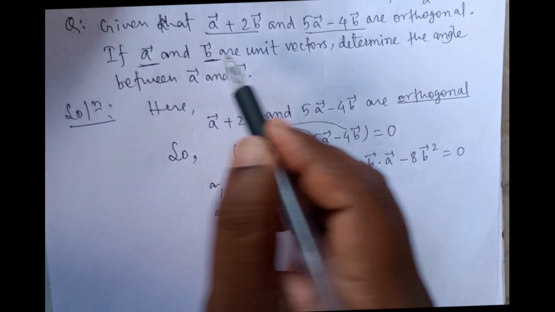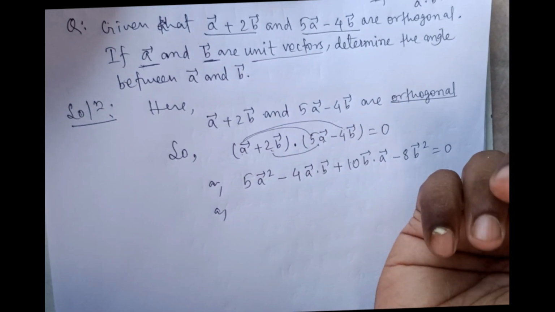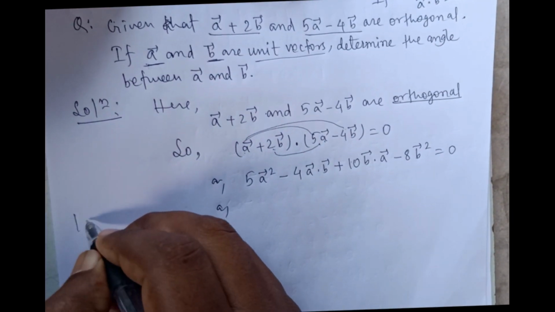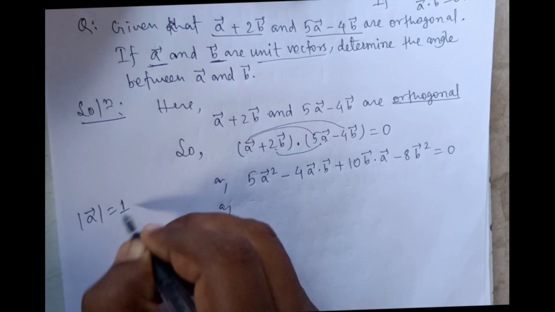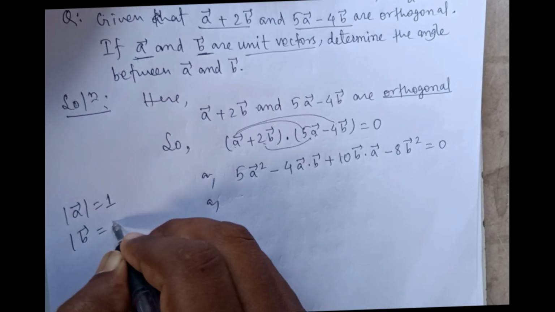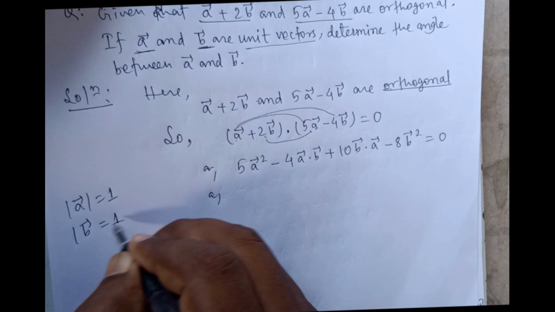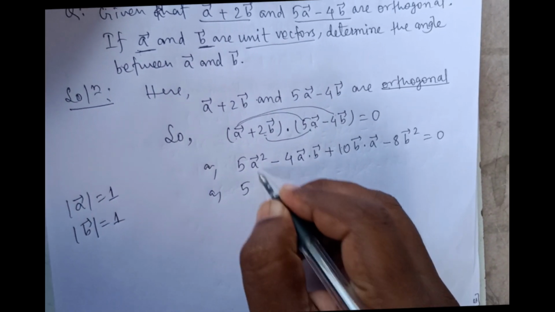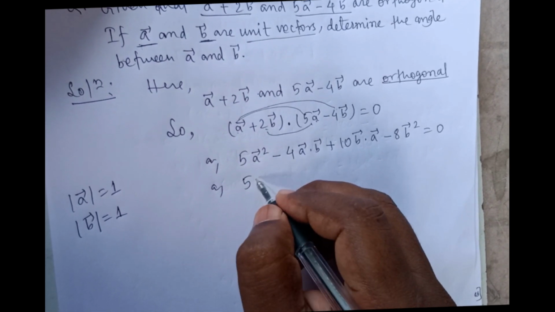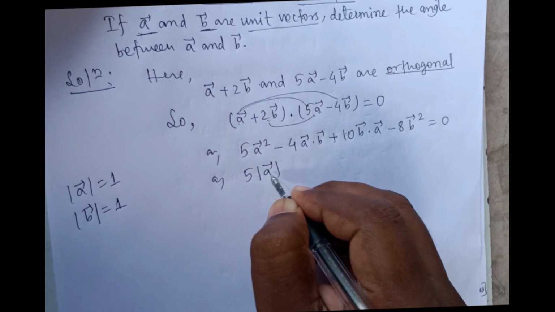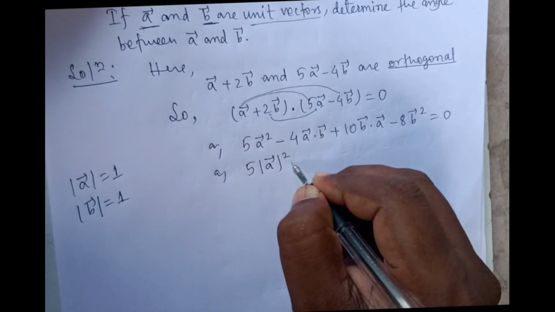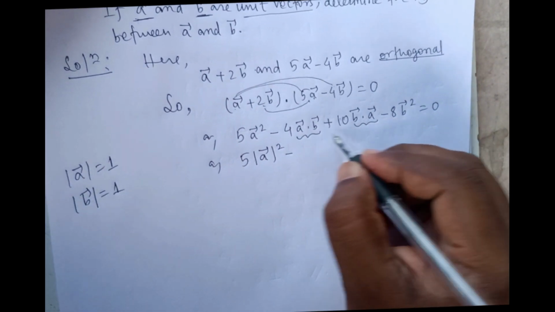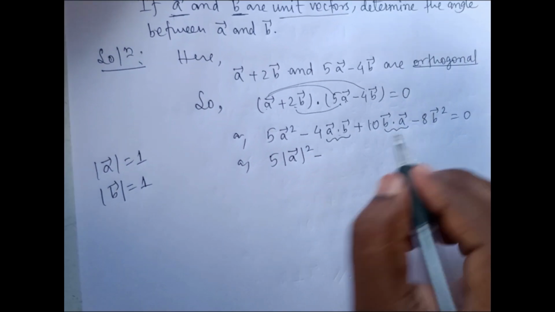Now here vector a and vector b are unit vectors. So if they are unit vectors, we know that the modulus of a is equal to 1 and the modulus of b is equal to 1. So here we can write 5|a|² − 4a·b + 10b·a − 8|b|² = 0.